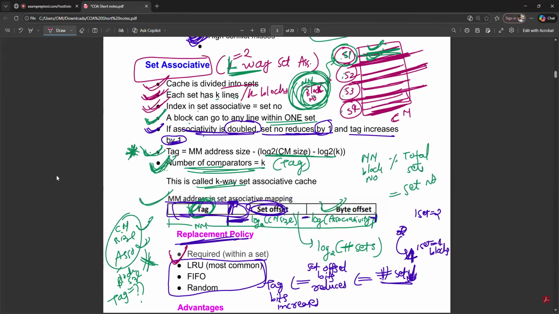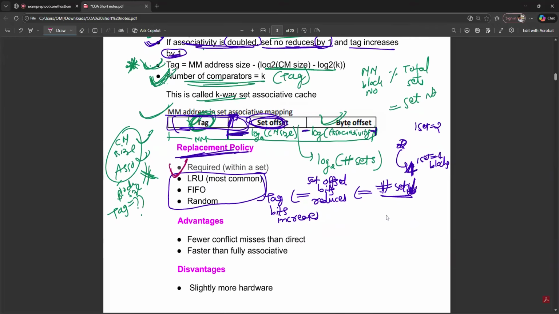Replacement policy is required within a set. Let's say this is one set and it has four blocks, which means four-way. Now this is full, this is full, this is full, and this is full. If a new block maps to this set, which block to replace? Which block to replace is based on the replacement policy.